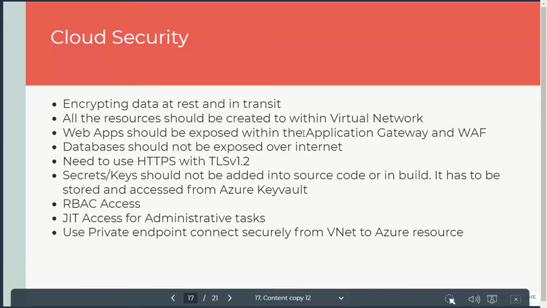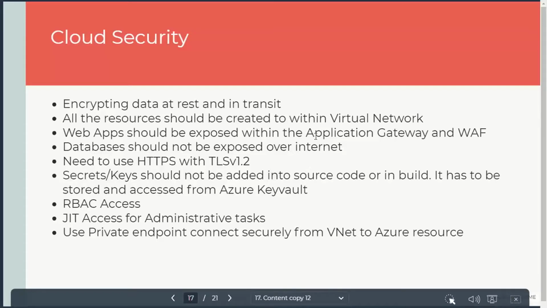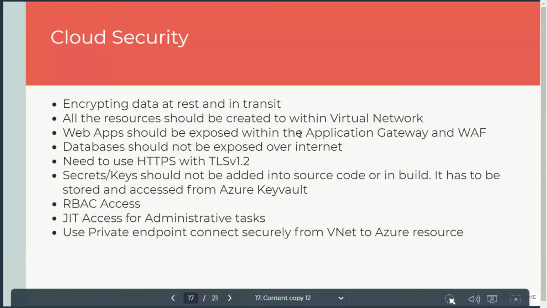For example, if there is a web application hosted using AKS or App Service, and you want to expose it to the internet, because this application may be used by users outside the network, then you have to protect it with an application gateway, and inside that application gateway there is something called a web application firewall.